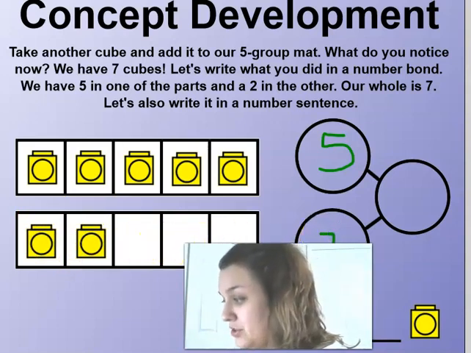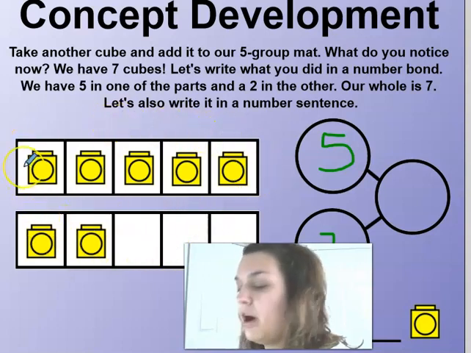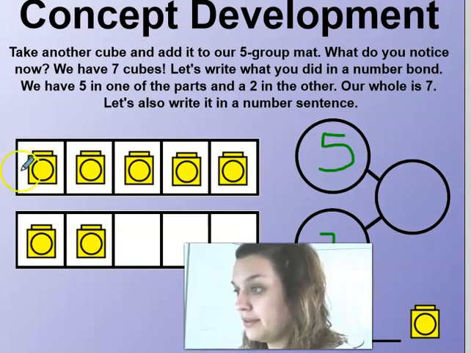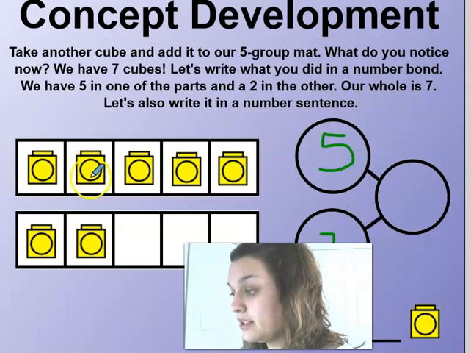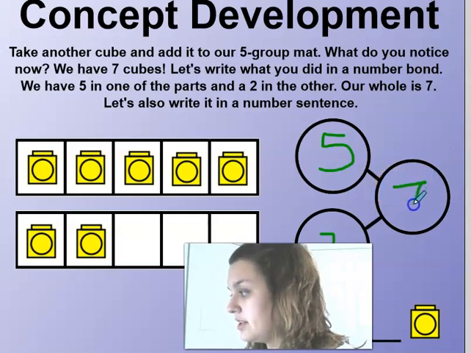Very good. 2. And then all together, I want you to pause me and figure out our whole. Go ahead. Great, let's count our whole. 1, 2, 3, 4, 5, 6, 7. 7 is our whole.